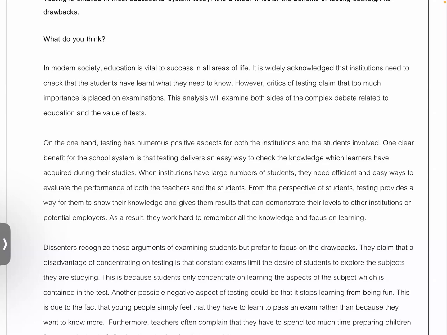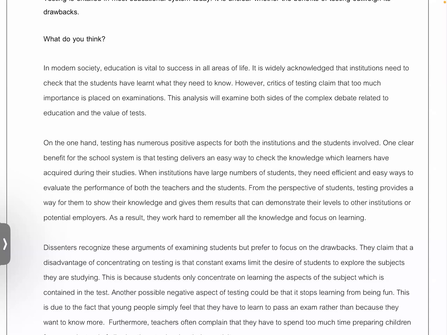From the perspective of the students, testing provides a way for them to show their knowledge and give them results that can demonstrate the level to institutions or potential employers. Okay, so that is the second benefit of testing, the positive impact on students. Previously we talked about the benefits for institutions.